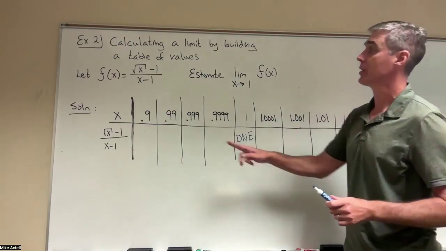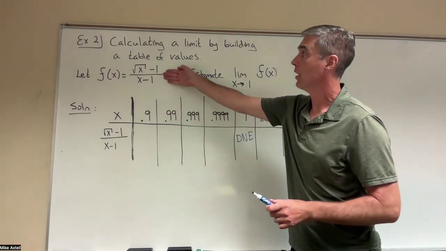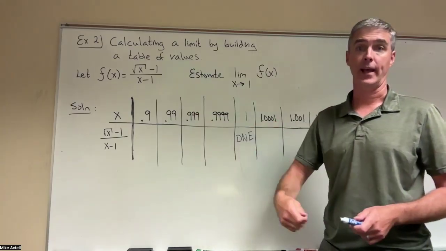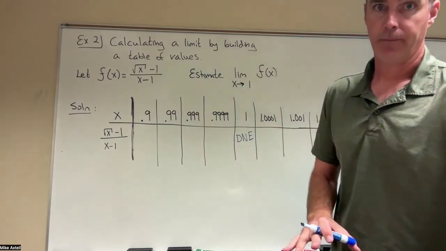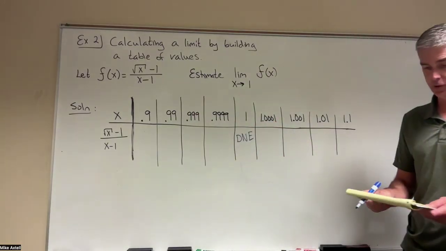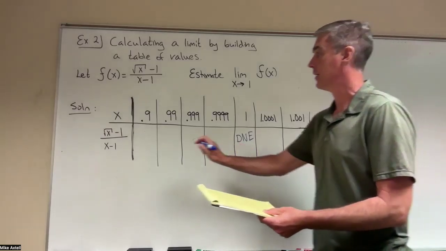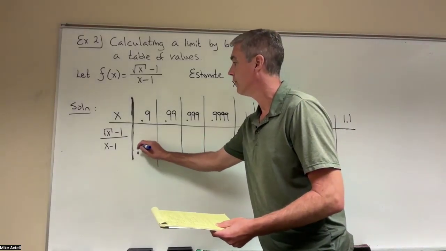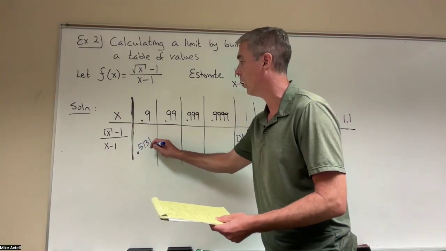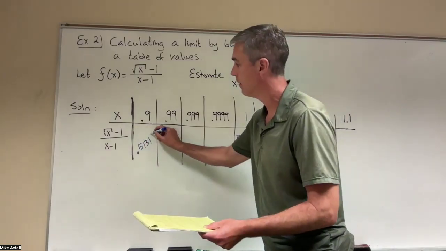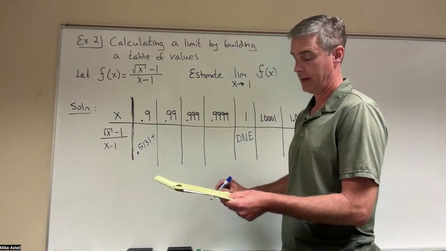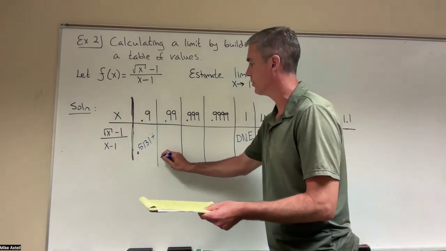All I'm going to do is take each x value, plug it into this function, and crank out my answer. Now, trust me, I used a calculator. Here are the answers I'm getting: 0.51317, 0.50126, 0.50013, and then about 0.5000.